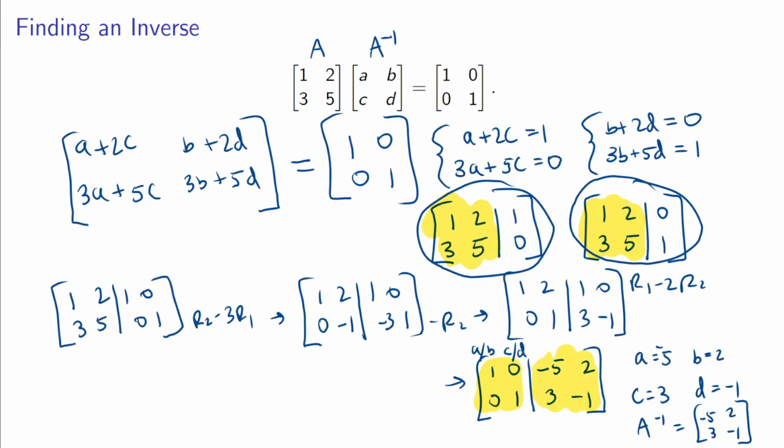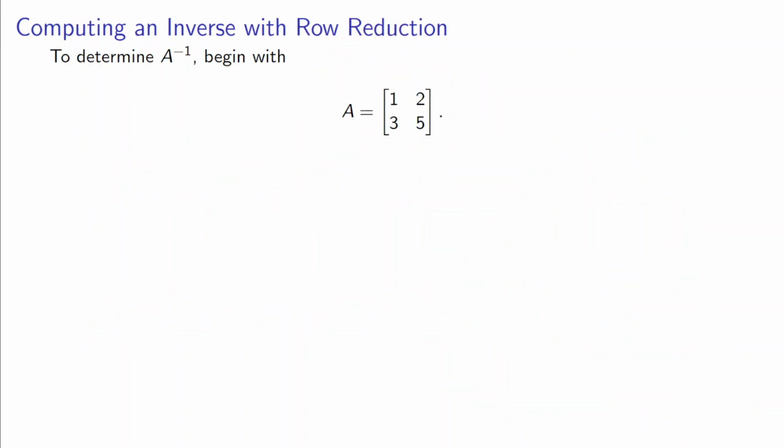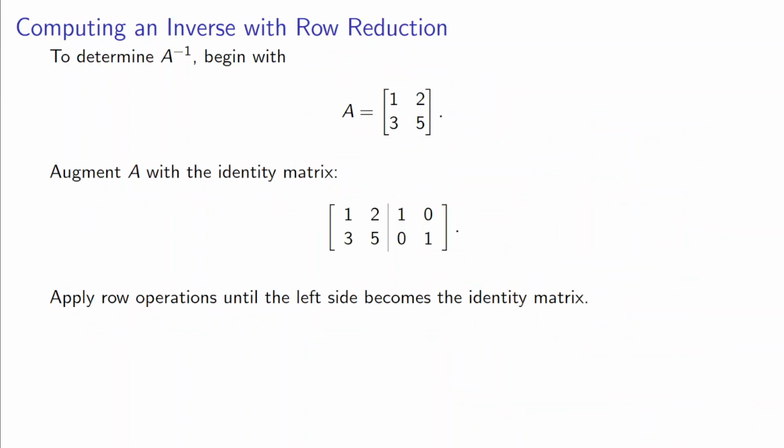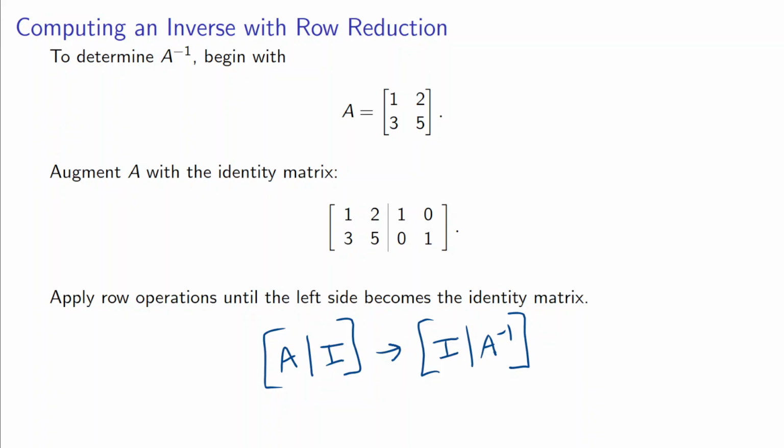We're going to introduce this more formally in a future video, but that's the idea. So we row reduce, starting with our matrix augmented with the identity, until we get the identity on the left, and what's left on the right is that inverse. Hopefully this example gives you some insight as to why that's true. Again, we're going to be diving into this more formally in a future video.